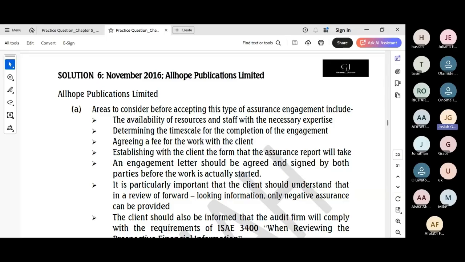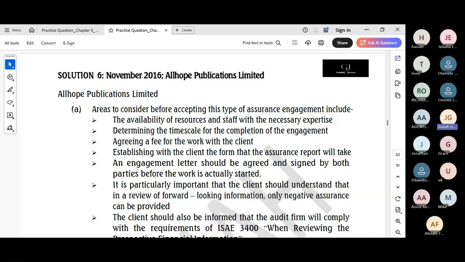So for example, instead of just staff expertise, right? Assess the availability of staff with the necessary expertise in forecasting, and the assurance provided, negative assurance, and that the client must understand this situation.